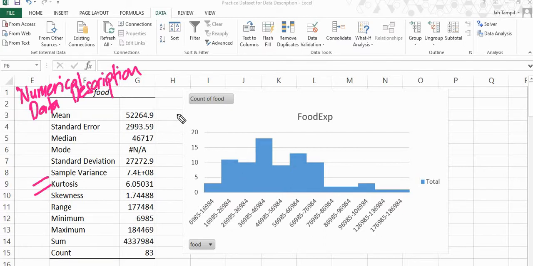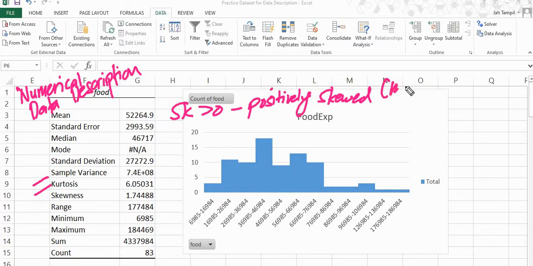Remember, if our skewness is greater than 0, then we have a positively skewed distribution, which means we have more lower values.